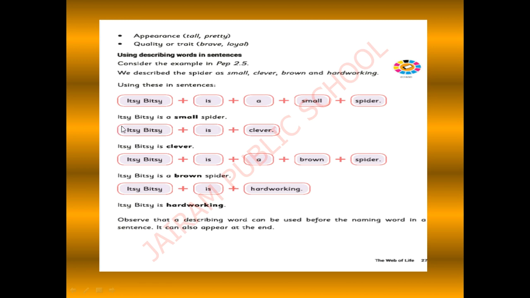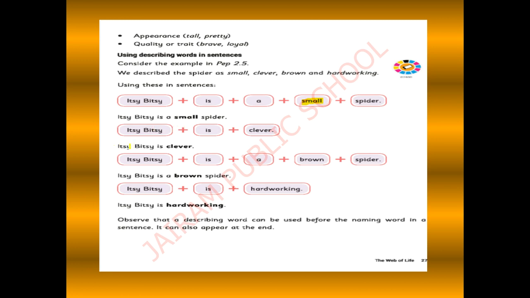Let us see. First one, Itsy Bitsy is a small spider. Which one is the describing word here? Small. Super. Itsy Bitsy is a small spider.